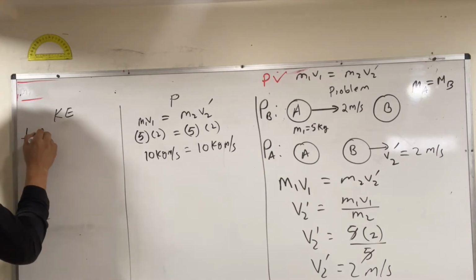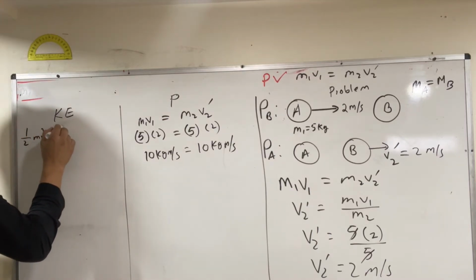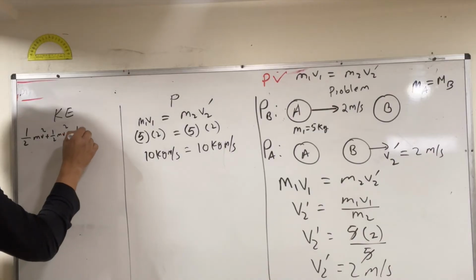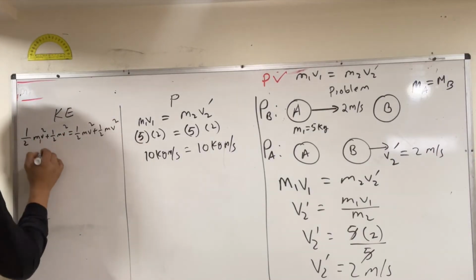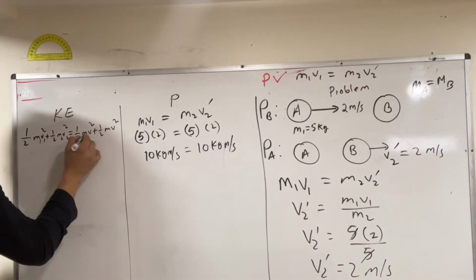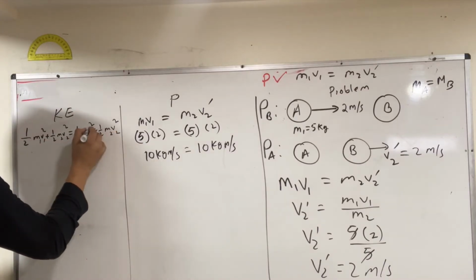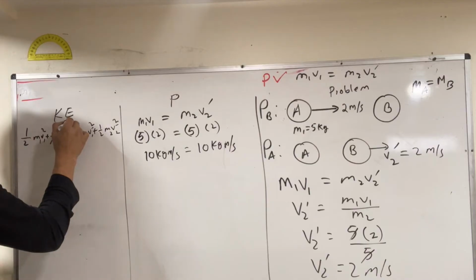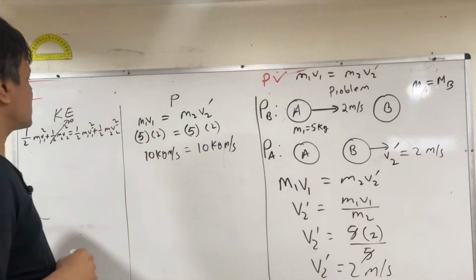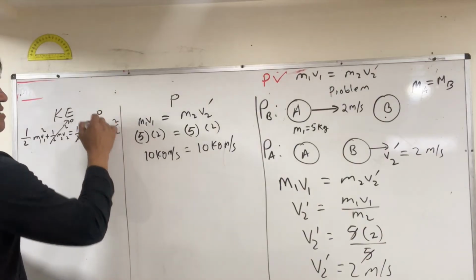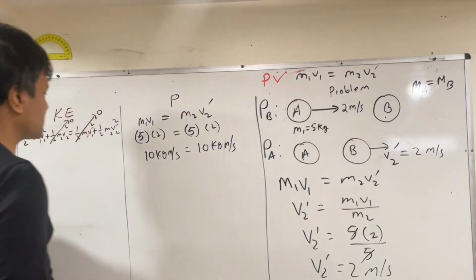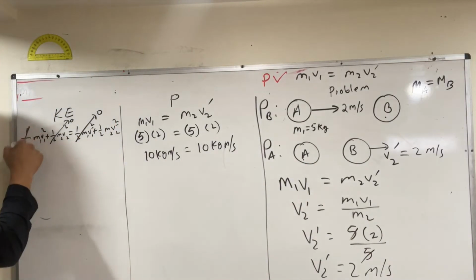Half m1 v1 squared plus half m2 v2 squared is equal to half m1 v1 prime squared plus half m2 v2 prime squared. We have to be careful. This one is at rest, this one is at rest, this one is at rest. Half cancels.